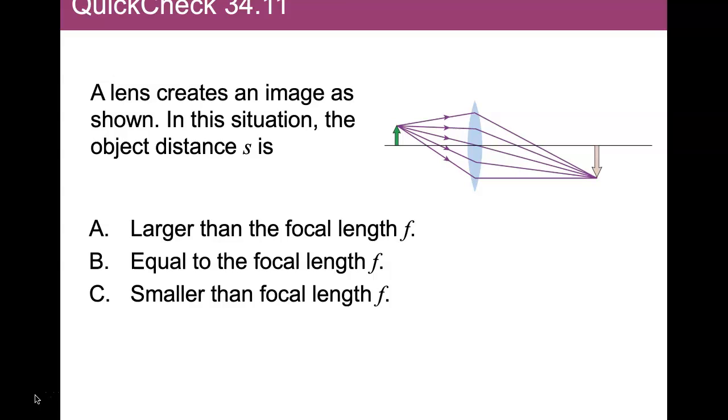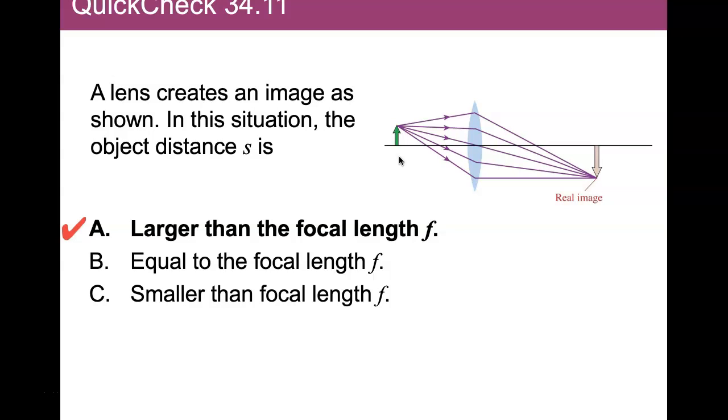So how do we figure out the focal length? Well, we see this ray at the bottom. This one seems to be parallel to the optical axis. So then it must be going through the focal point. So from here to here we have f, from here to here we have s. So s must be larger.